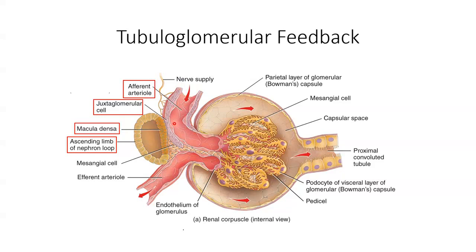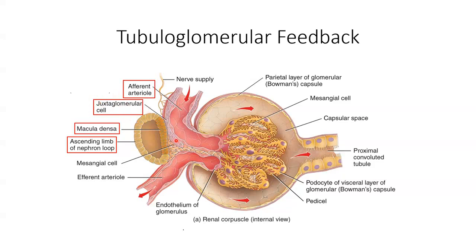The cells of the ascending limb that come into contact with the afferent arteriole are called our macula densa. So see these darker, slightly thinner cells here? These are our macula densa. Alongside the macula densa in the walls of our afferent arterioles, and sometimes you'll also find them in the walls of the efferent arteriole, are what we call our juxtaglomerular cells.